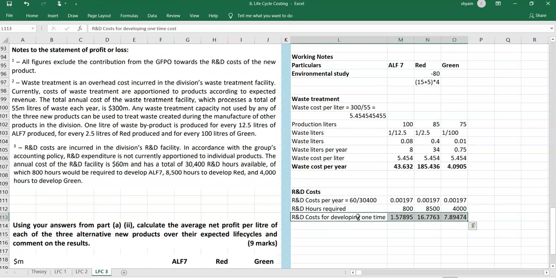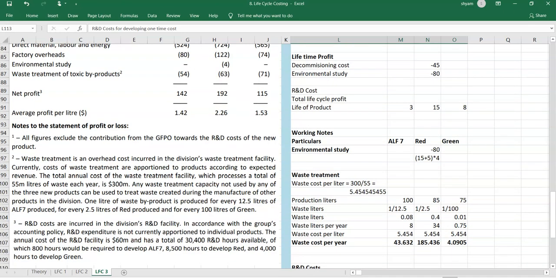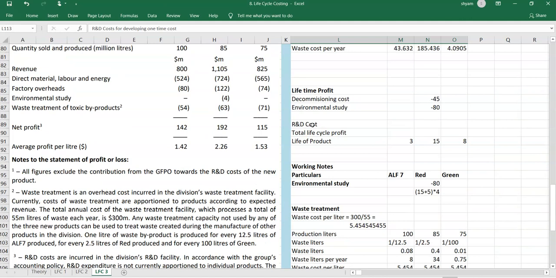So this is a one-time development cost because they have given it like that only. So the annual cost of the facility is like this, of which 800 hours will be required to develop this one, and this one. Okay, so it's not a recurring cost. So as it's not a recurring cost, we'll put it here.